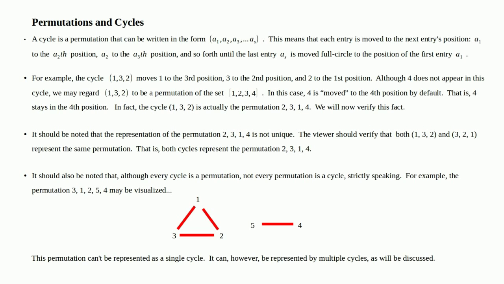And moving on. It should also be noted that although every cycle is a permutation, not every permutation is a cycle, strictly speaking. For example, the permutation 3, 1, 2, 5, 4 may be visualized as follows, with a little diagram I've made there.